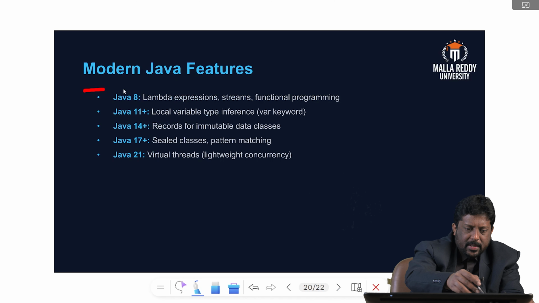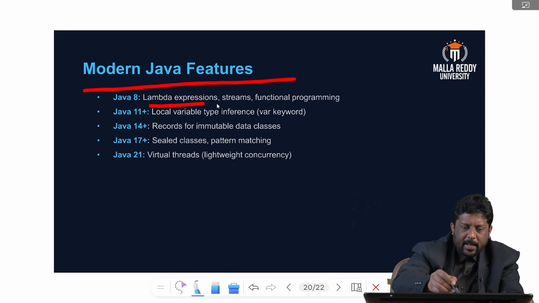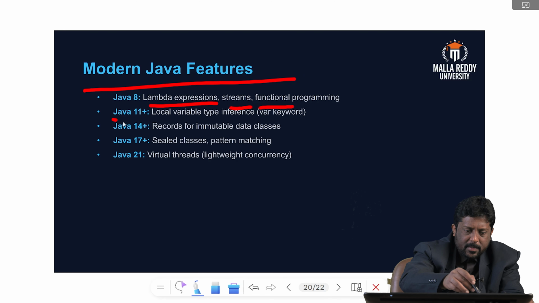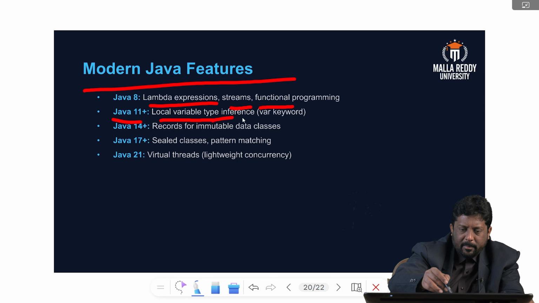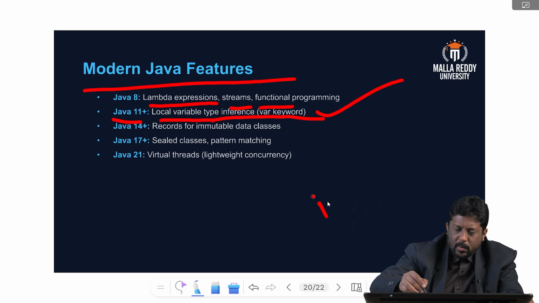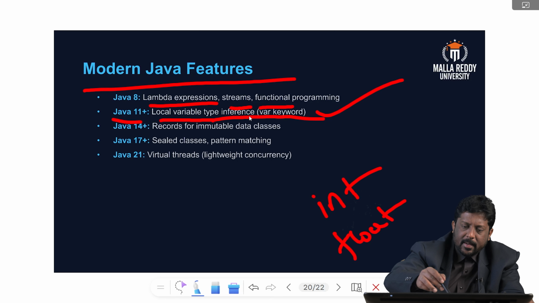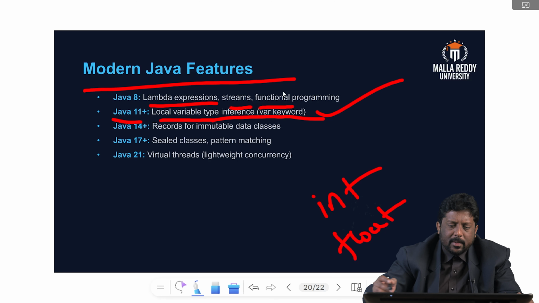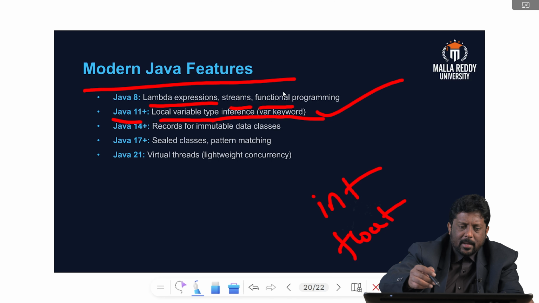Modern Java features. What new features were added in Java 8, like lambda expressions, streams, and functional programming. Starting from Java 11, you have local variable type inference and the var keyword. People used to declare the data type, like float and all; gone are those days. Directly you can create the object or a variable with the var keyword here, which was taken from other languages like PHP.